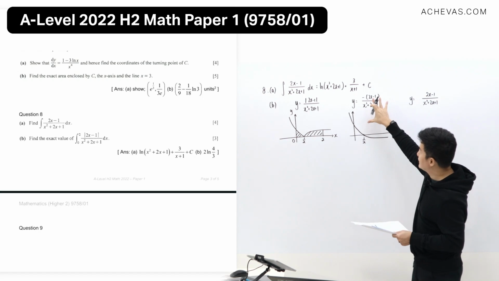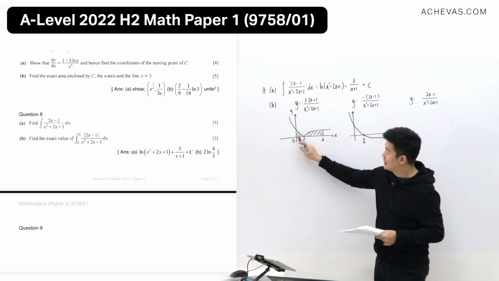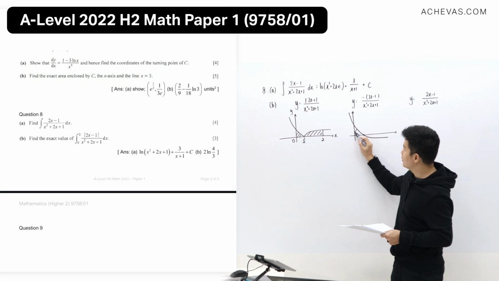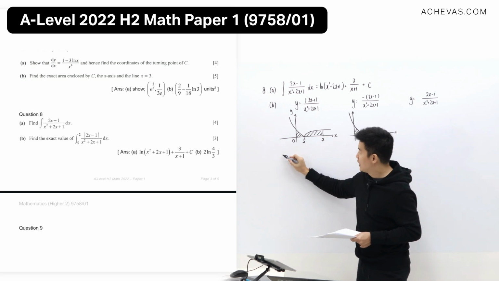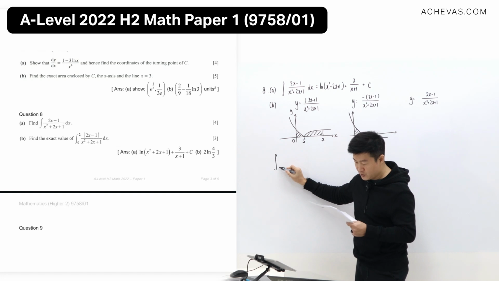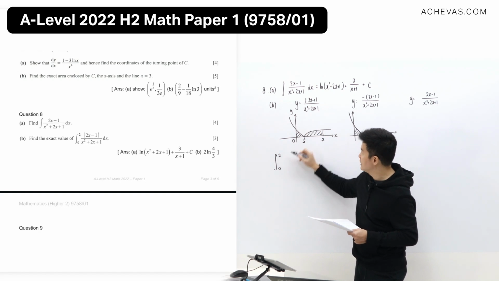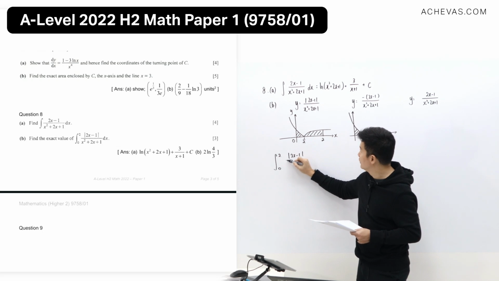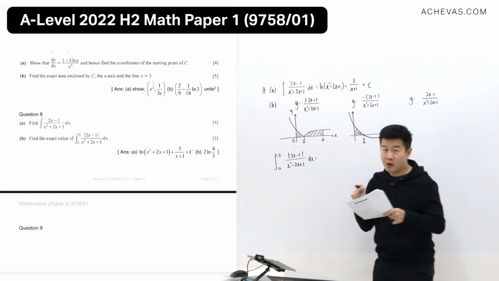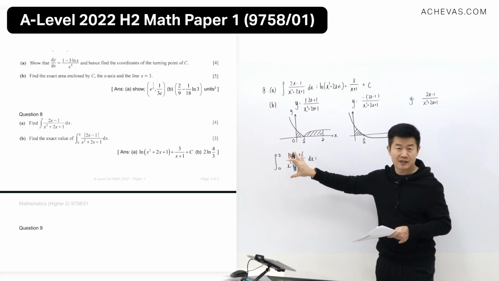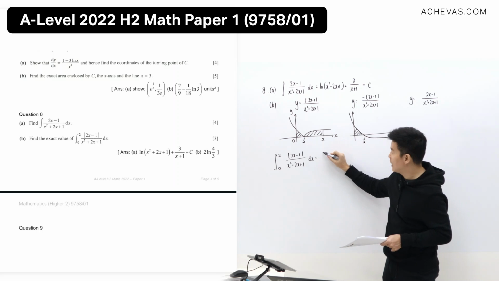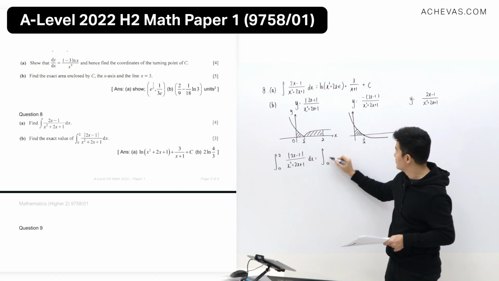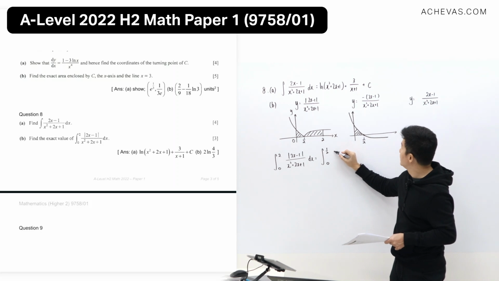So if you look at this and compare to this, you realize that this region here from 0 to half is actually this region here, which means when I try to do what the question is asking me for, which is to be integrating from 0 to 2 of the modulus of (2x - 1) over (x² + 2x + 1), which now I am seeing from the perspective of area instead of just simply integration technique, this region here can also be simulated by doing an integration from 0 to half of this, which is negative (2x - 1) over (x² + 2x + 1).